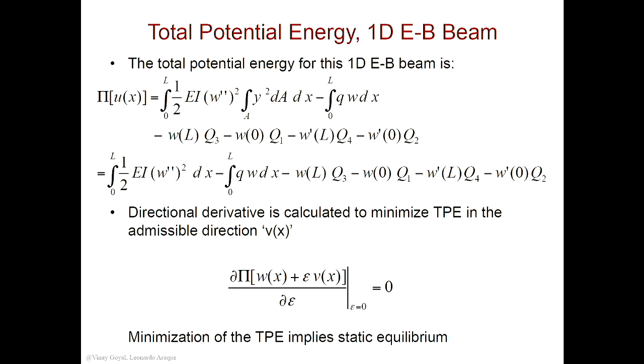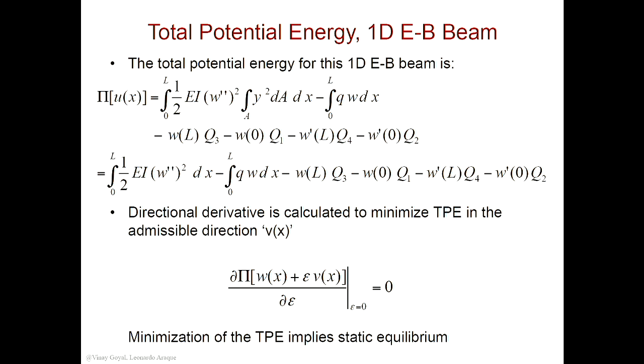And so if I minimize this total potential energy relative to that function W, then what I will find are the displacements that are admissible and correspond to the minimum value of pi, but also represent the system being in equilibrium. So let's see how we will do that.